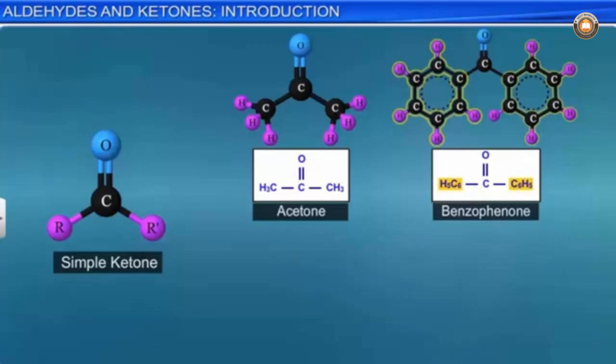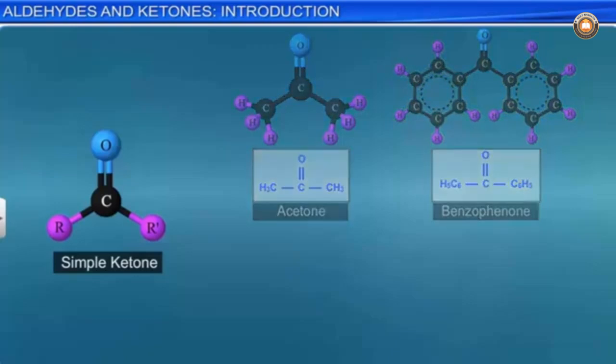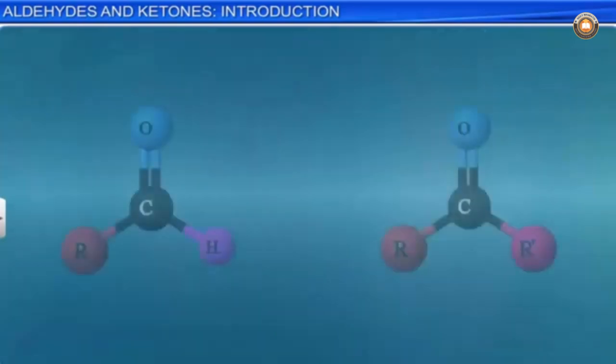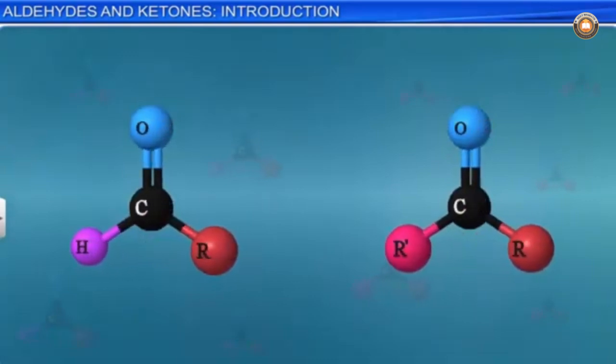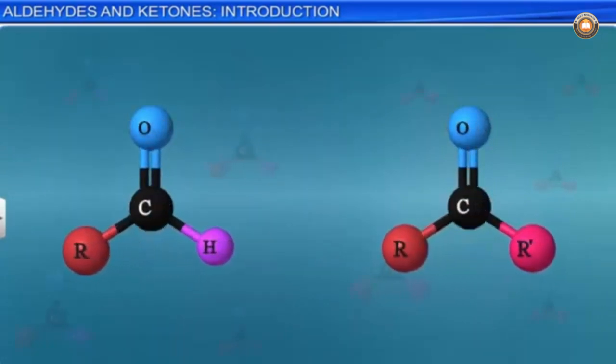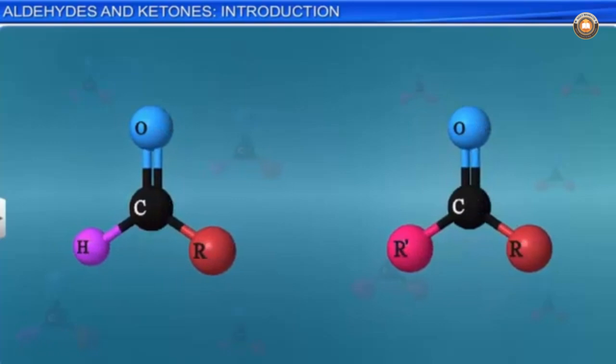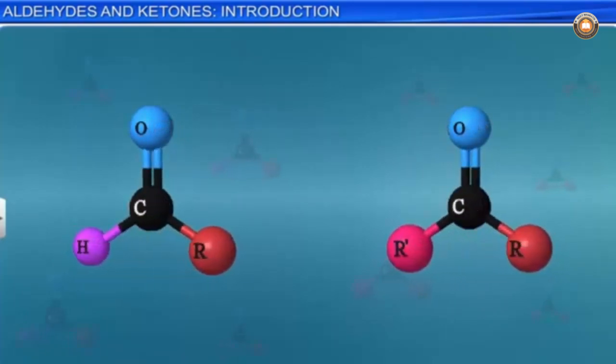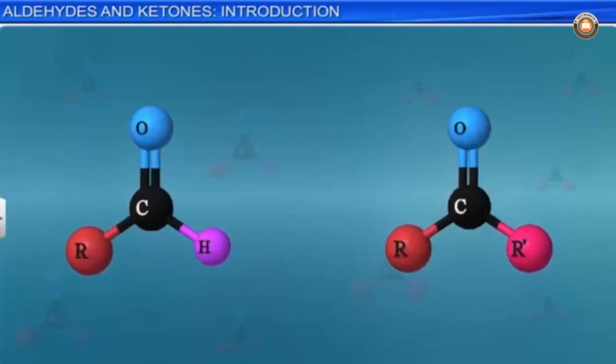On the other hand, acetophenone, where R is a methyl group and R' is a phenyl group, represents a mixed ketone. Due to this difference in the nature of the groups attached to the carbonyl group in aldehydes and ketones, their reactivity is different. For example, aldehydes oxidize with ease as compared to ketones.